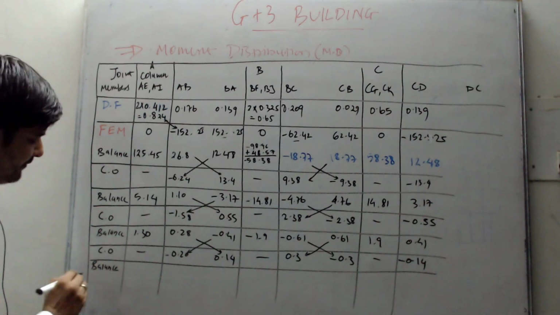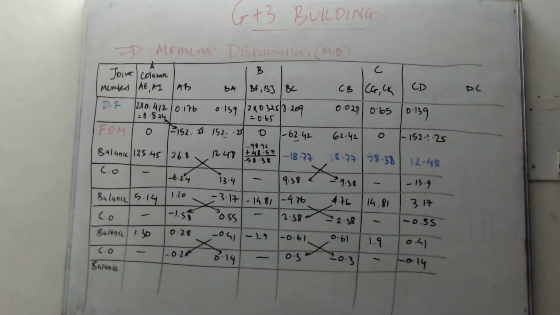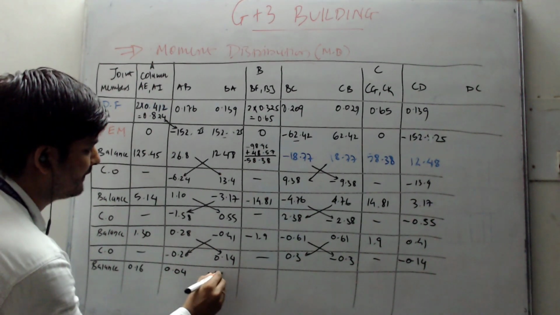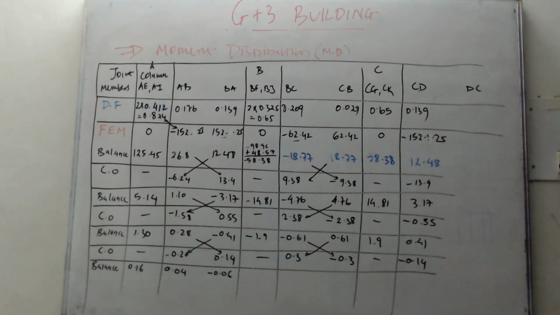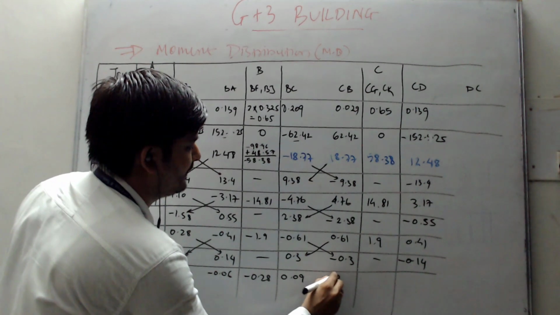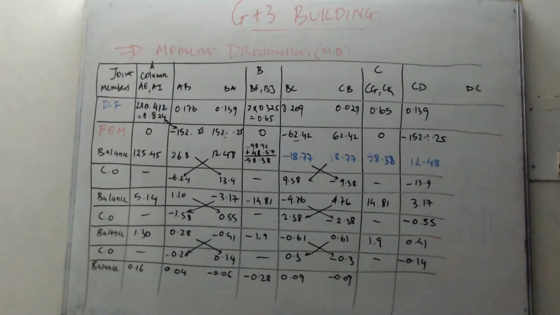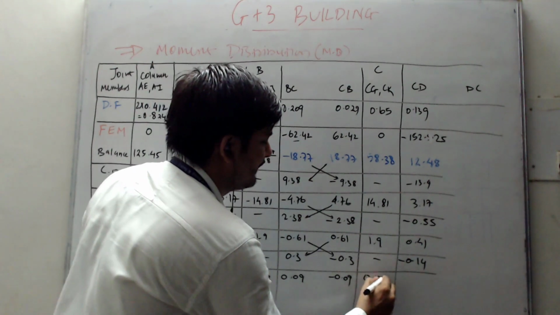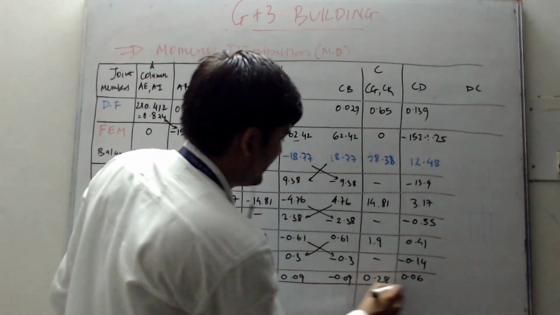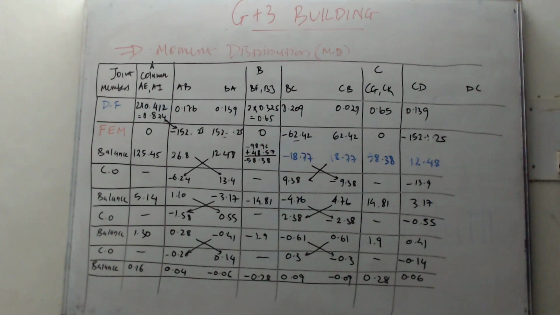I'll just quickly write down the values. 0.16, then 0.04, minus 0.06, then minus 0.28, 0.09, minus 0.09, and 0.28 and 0.06. And if I do the carryover step, this is the carryover, this is the balance, right? This is the balance.